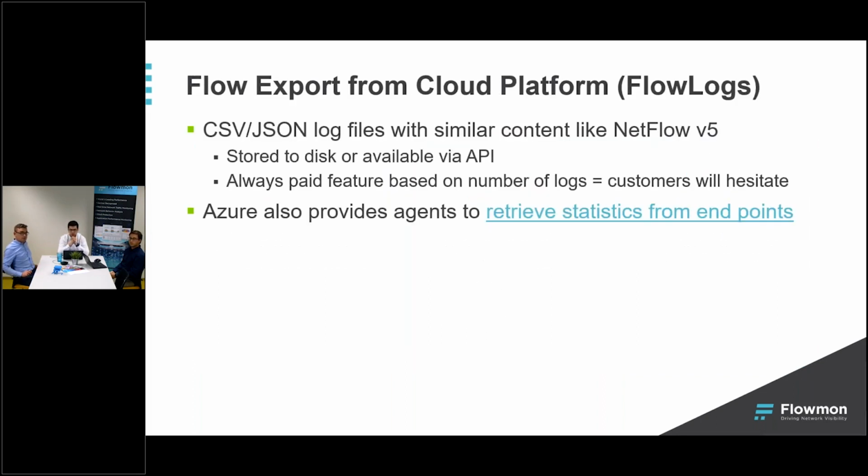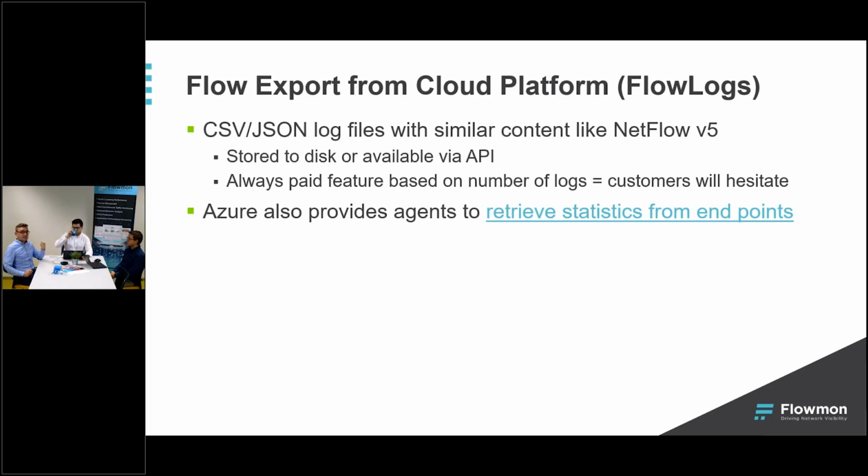And let me just switch to a completely different scenario. So far we discussed the option when we receive the raw traffic, but there are different kinds of monitoring options in the cloud, and it is a kind of flow export from cloud platforms.